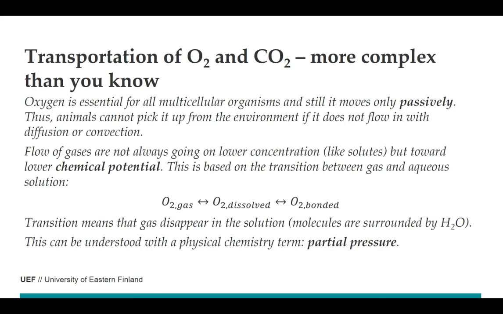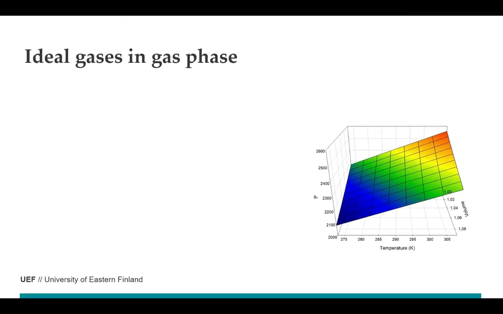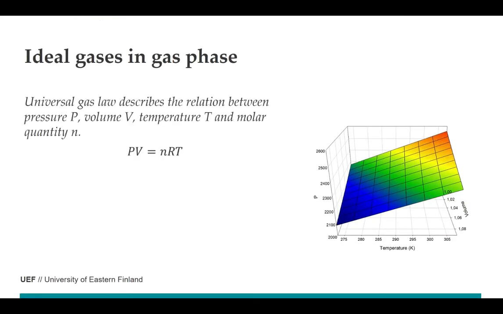And for that, we have to think first of ideal gases. For ideal gases, we have the universal gas law. That is something that you have learned so many times in your education, but quite often we can't remember the right order of these letters. So there's pressure, volume, molar quantity, this gas constant R, and then the temperature.